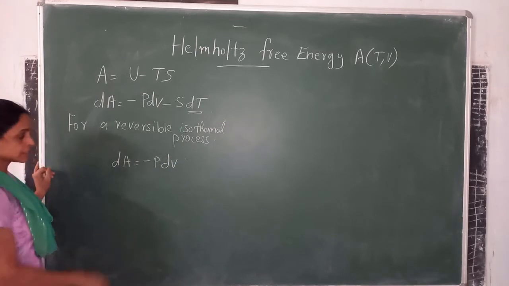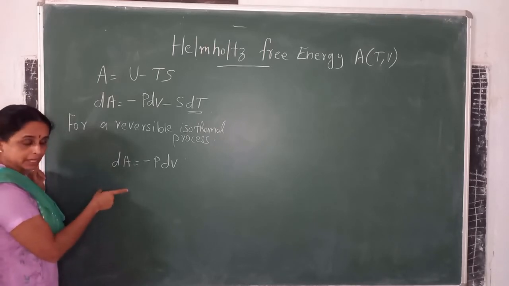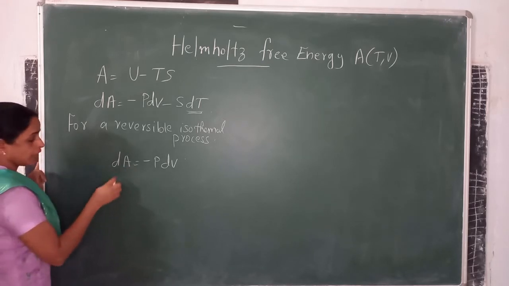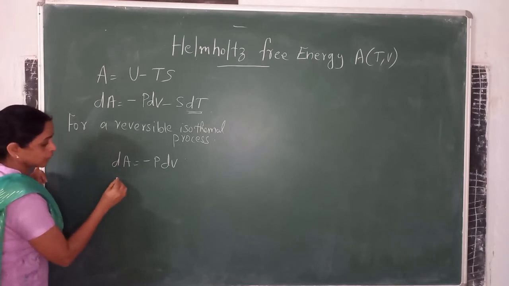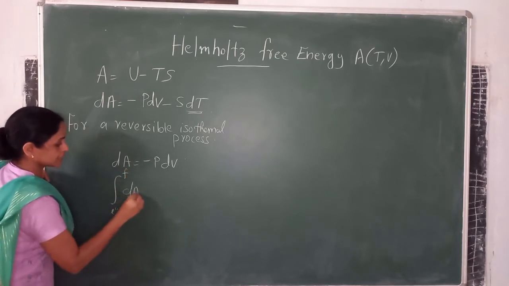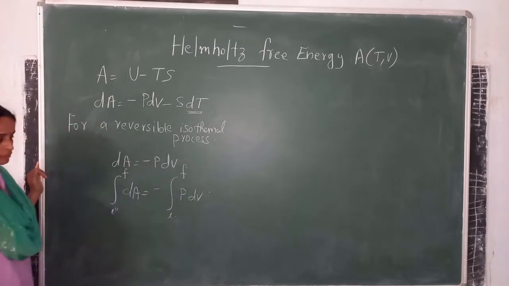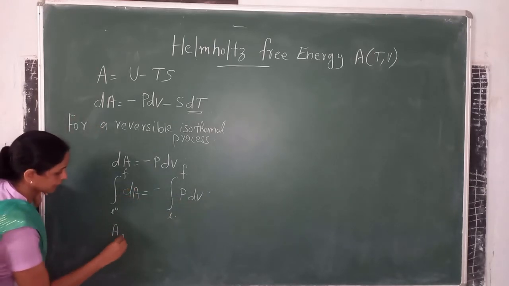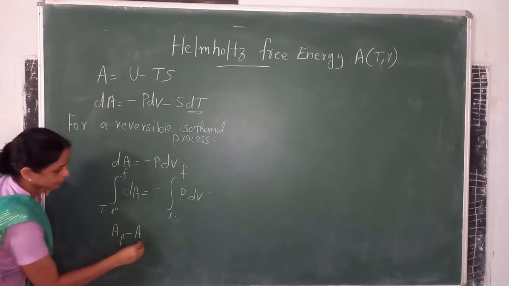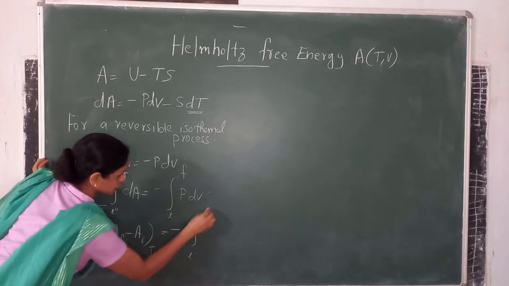The total change when the process occurs from an initial state I to a final state F is found by integration: A final minus A initial at constant T is equal to minus integral I to F PdV.